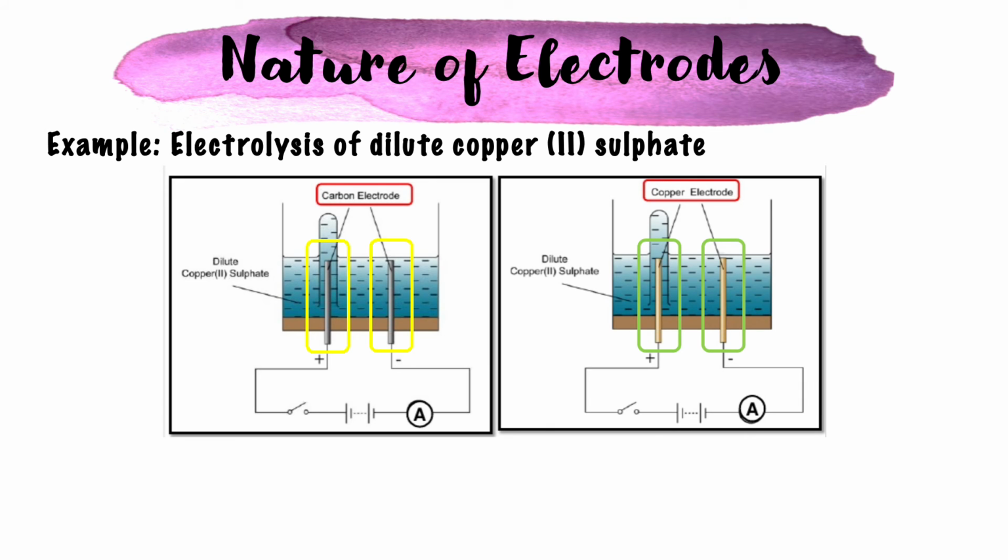Let's take a look at the electrolysis of dilute copper(II) sulfate solution using two different types of electrodes. The first cell is using carbon electrode, while the second cell is using the copper electrode.